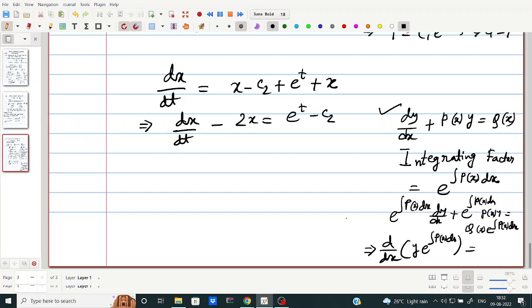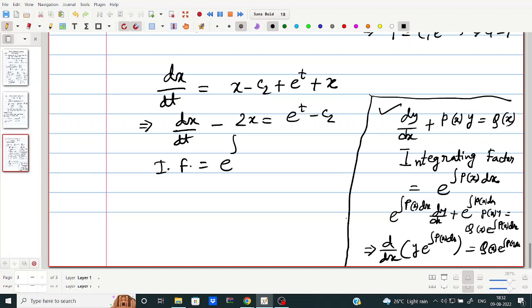So what is the integrating factor in this case? Tell me, Ravi. e to the power integral of what? Minus 2, sir. Yes, minus 2 dt, because t is there, and here it is x. So e to the power minus 2t, right?